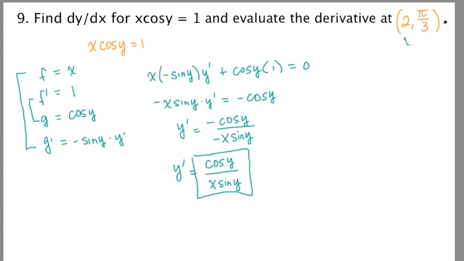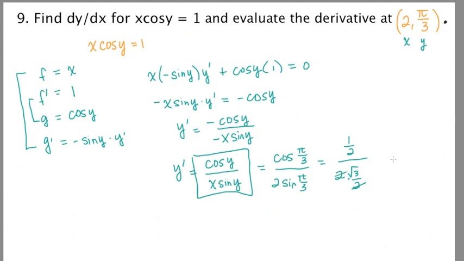And the point now they're giving us is 2 and pi over 3. So this is going to be the cosine of pi over 3 over 2 times the sine of pi over 3. The cosine of pi over 3 is 1/2. The sine of pi over 3 is root 3 over 2.